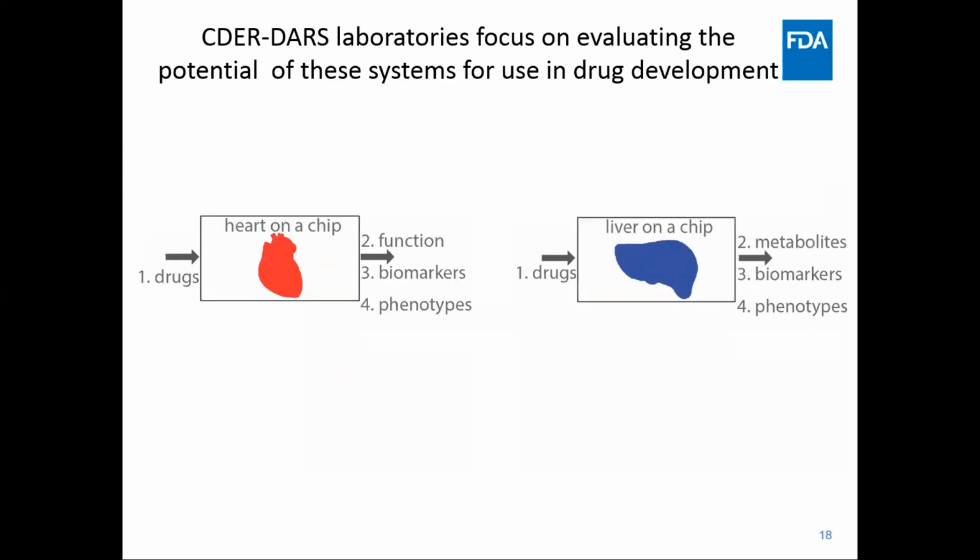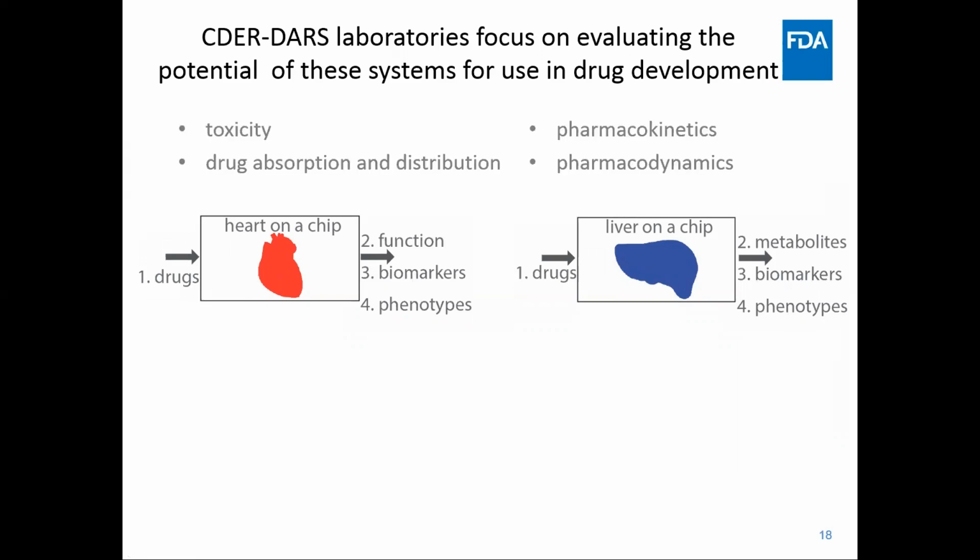But for us, we actually see these systems as a tool that can be used for drug development, where we incubate drugs and then we look at specific function, metabolites, biomarkers, phenotypes that are relevant for a specific application. These applications, as mentioned, can be toxicity, absorption, distribution, pharmacokinetics, pharmacodynamics.